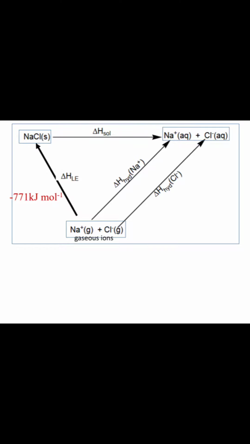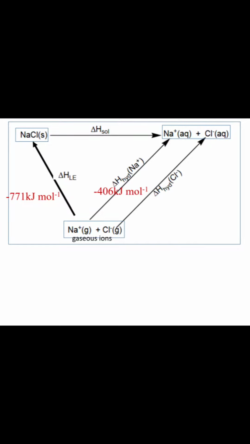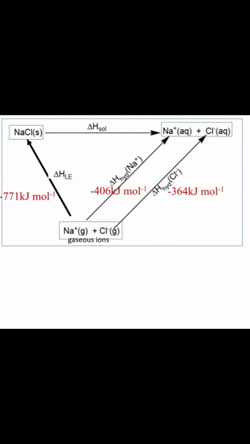Next, the gaseous ions are hydrated by water molecules to become hydrated ions. They are hydrated sodium ions and hydrated chloride ions. That's why we have the hydration energy of the cation, which is -406, and the hydration energy of the anion, which is -364.